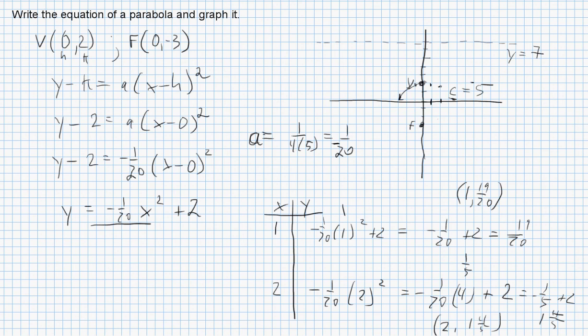Draw our parabola smoothly through, and we're done. We can see that that very neatly works out to have the parabola opening down. So here is our graph, and here is our equation. Thank you. Stay tuned for example B.